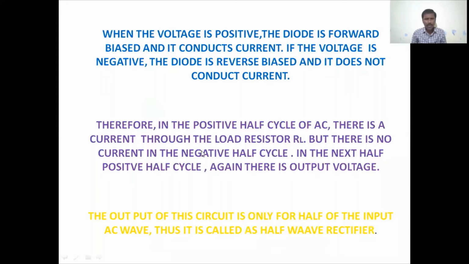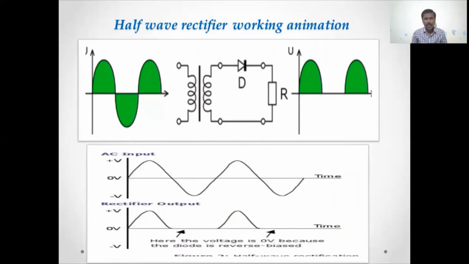When the voltage is negative, the diode is reverse biased and it does not conduct current. In the case of a negative cycle entering this diode, this is the positive terminal and the voltage is negative.